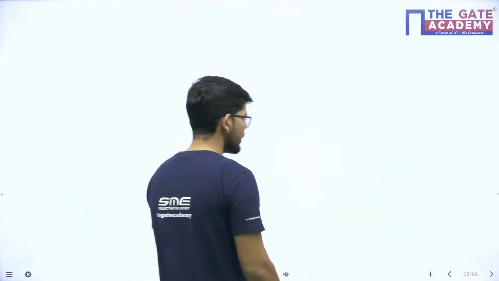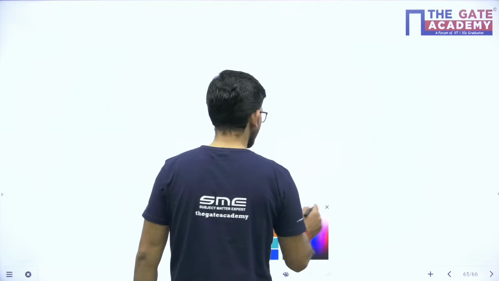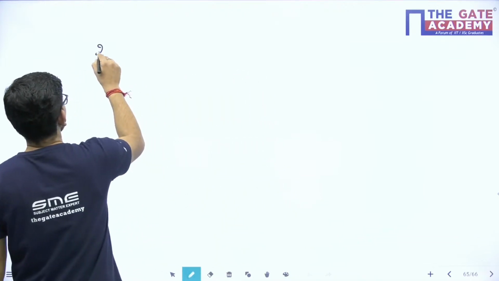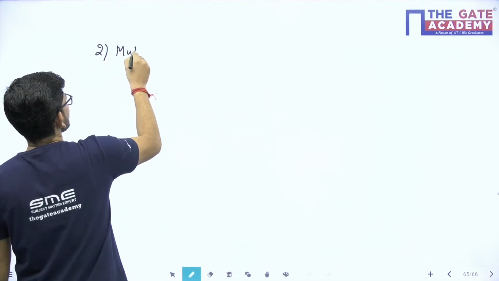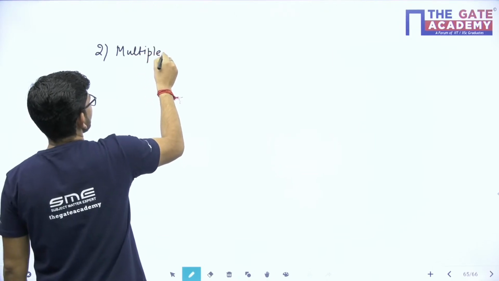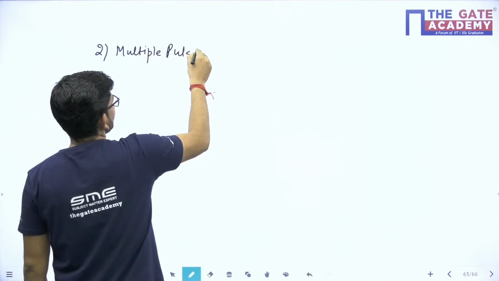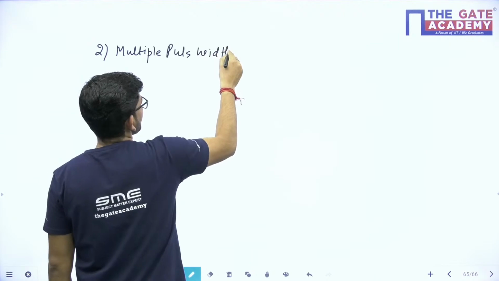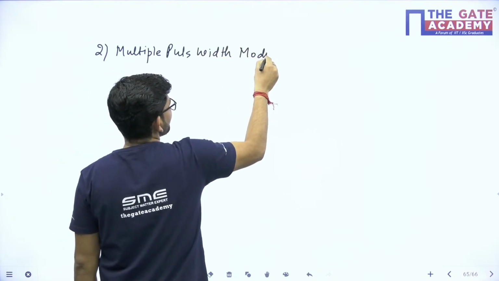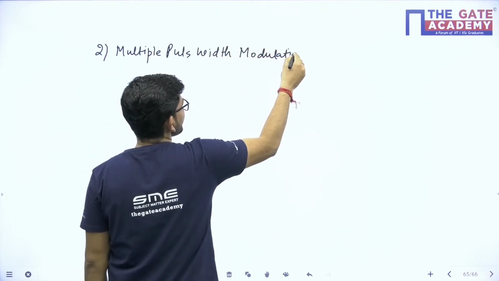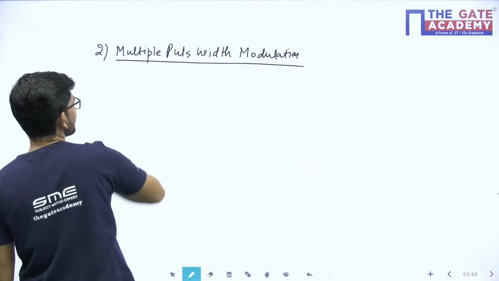After that we have multiple pulse width modulation. So the second technique that I have is multiple pulse width modulation. And what are the important formulas related to multiple pulse width modulation?